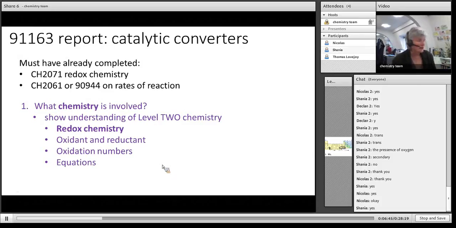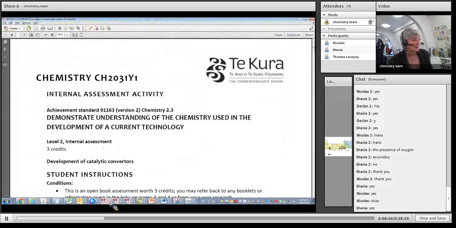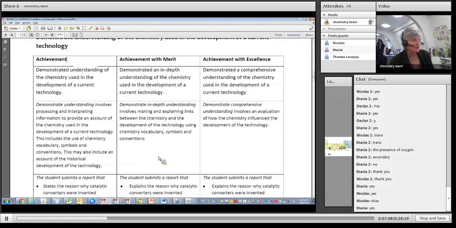So let me go, I'm just going to escape this, and I'm going to go to the task for the one on catalytic converters. Hopefully you can see that catalytic converters there. If you look down the task, okay, we give you the assessment criteria.